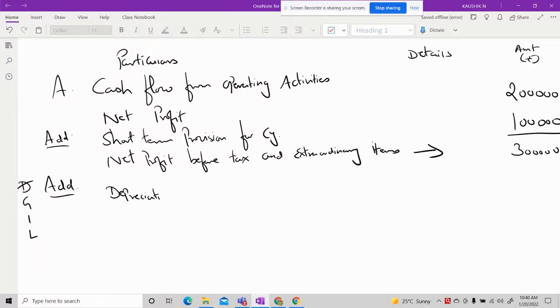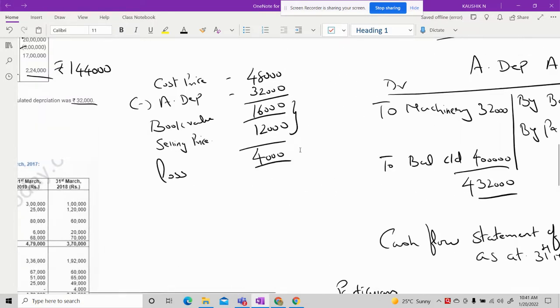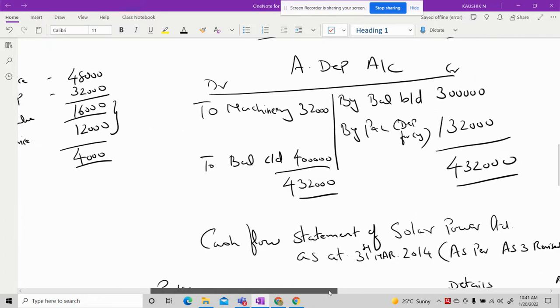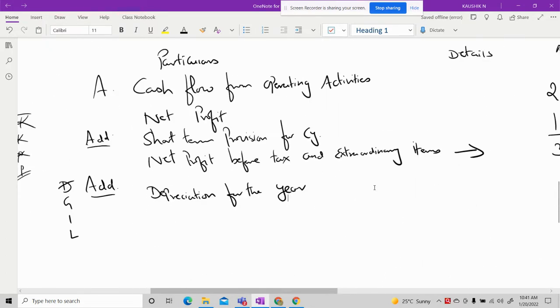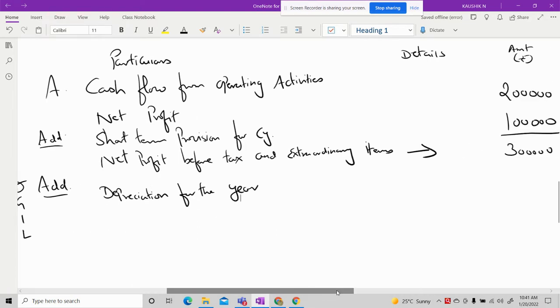You have depreciation in this question. How much was the depreciation for the year? We have already calculated in our working notes, by preparing your accumulated depreciation account, we have derived the depreciation for the year is 1,32,000. So you are going to show the amount of rupees 1,32,000 in the inner column initially.